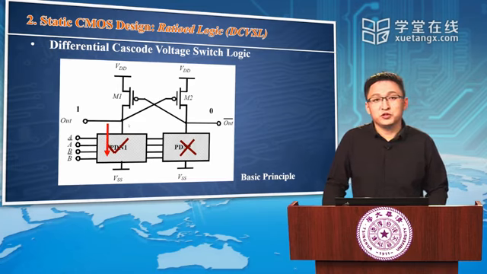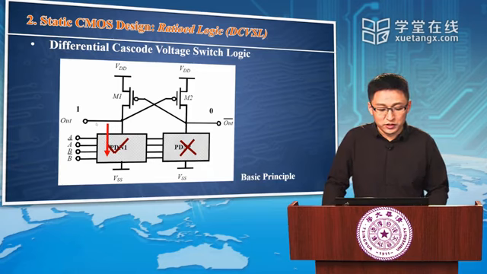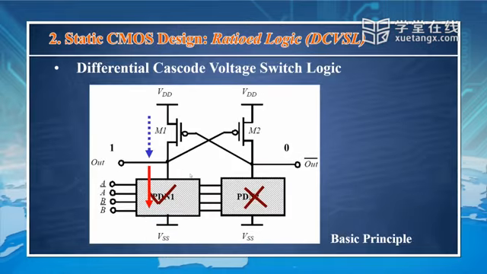Because the current will discharge the capacitor located between out and ground, okay? And at the same time, because out bar equals 0, transistor M1 is still conducting, right? Therefore, transistor M1 tries to pull the voltage up. So they will compete with each other.